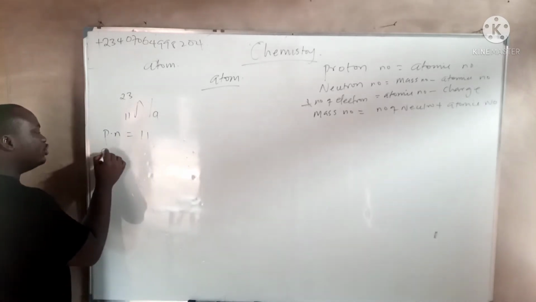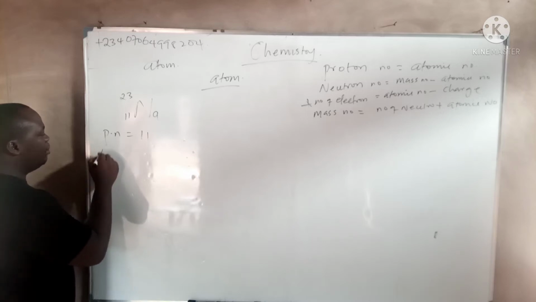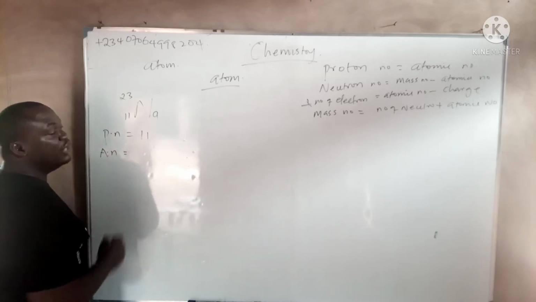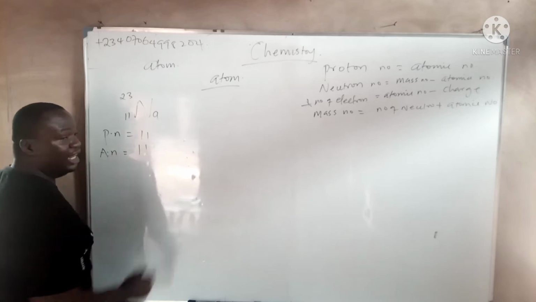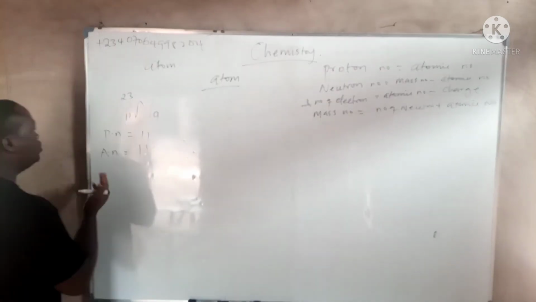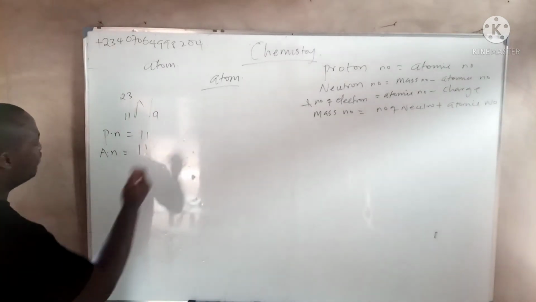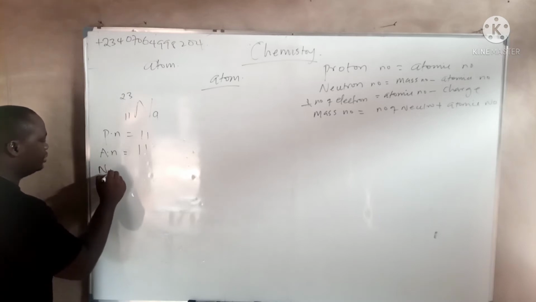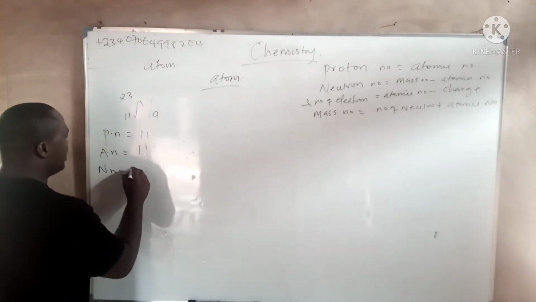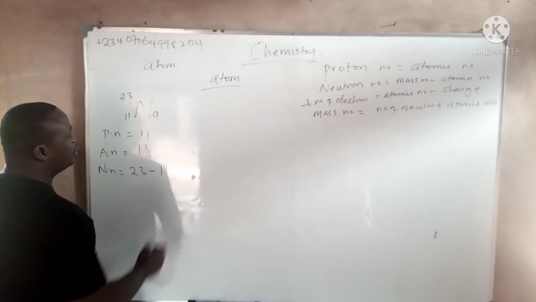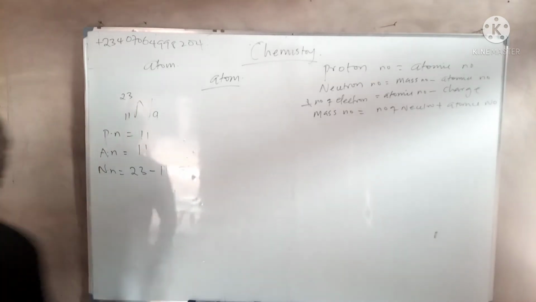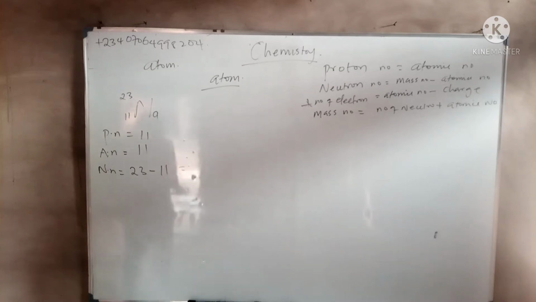And if I ask you what is the atomic number, remember the atomic number is the same thing as the number of protons, so it's also 11. If I go ahead and ask you what is the number of neutrons, remember the number of neutrons is equal to the mass number 23 minus the proton or atomic number. 23 minus 11 should give you 12.